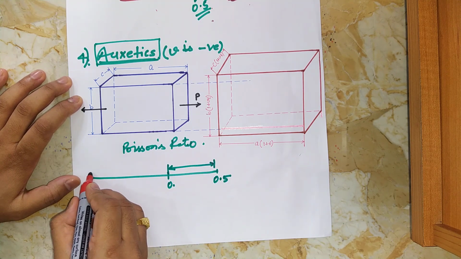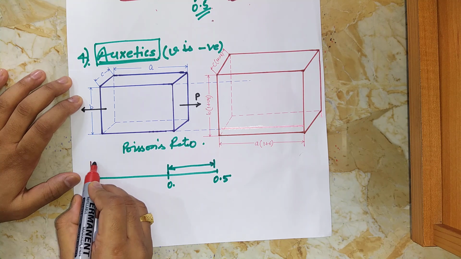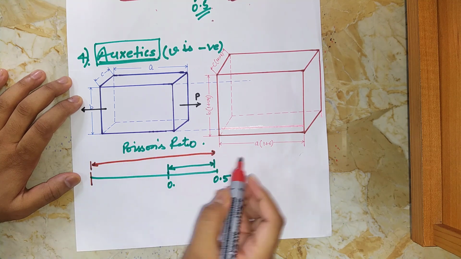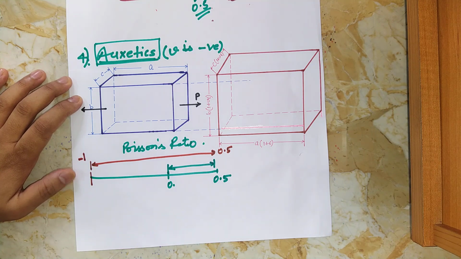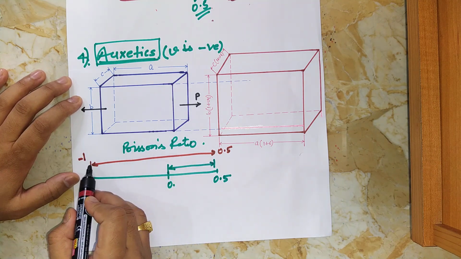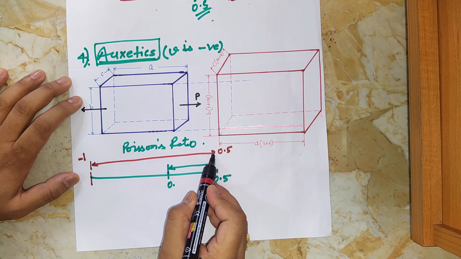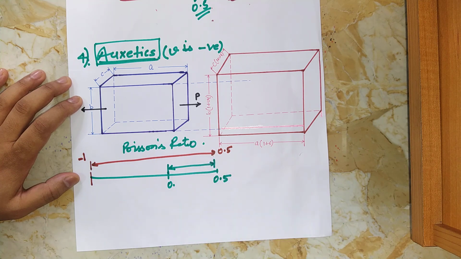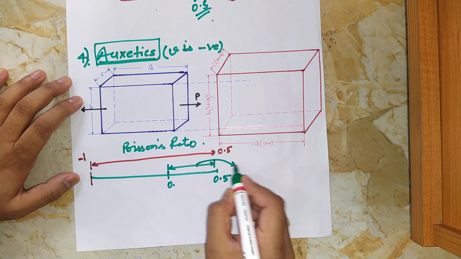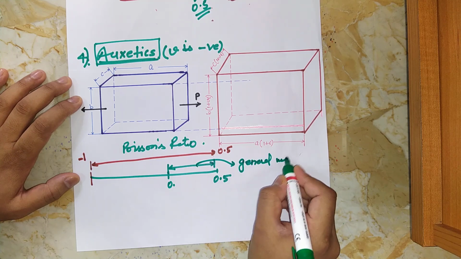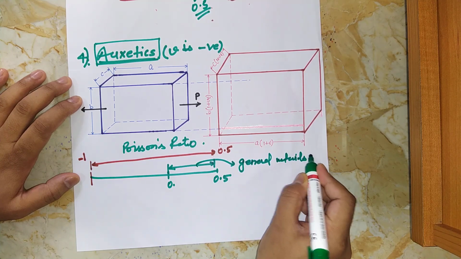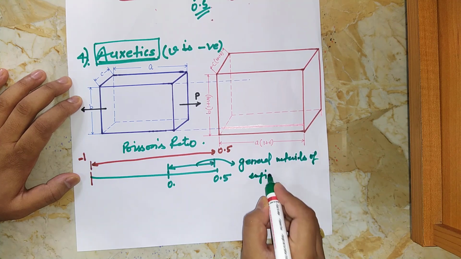But the practical value of Poisson's ratio is actually between 0.5 and -1. Poisson's ratio lies between -1 and 0.5, but for general materials of engineering use we find that it lies between 0 and 0.5.